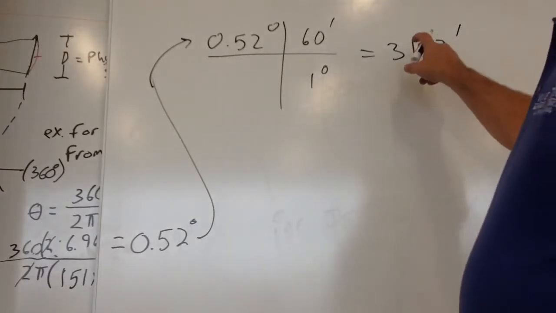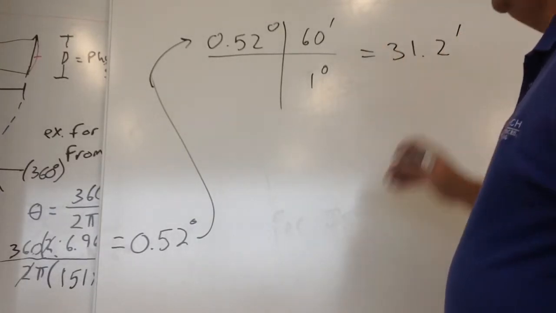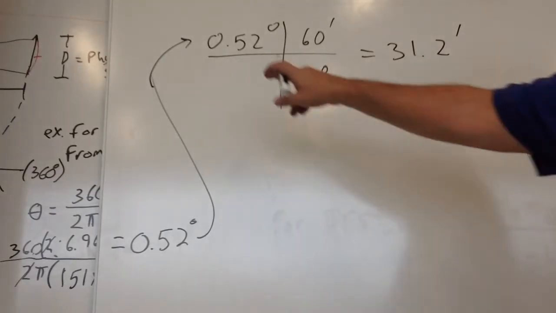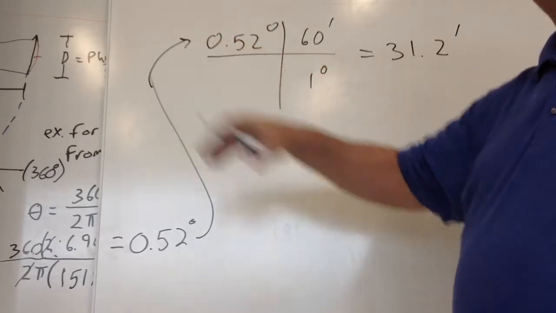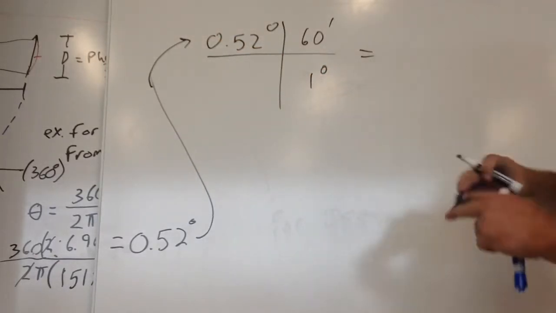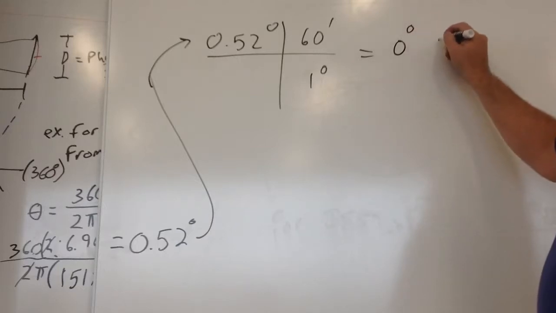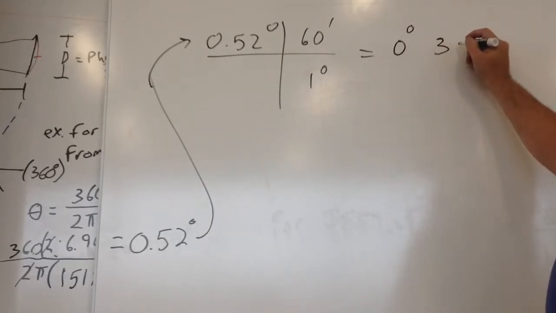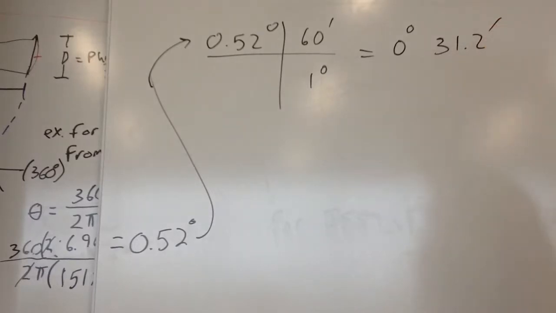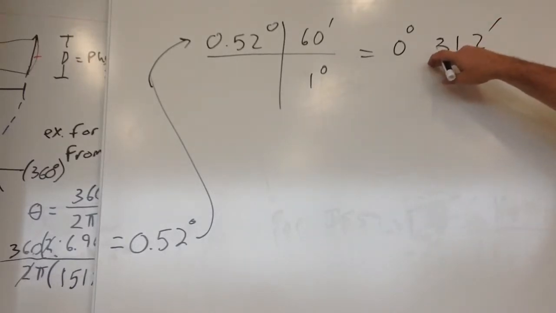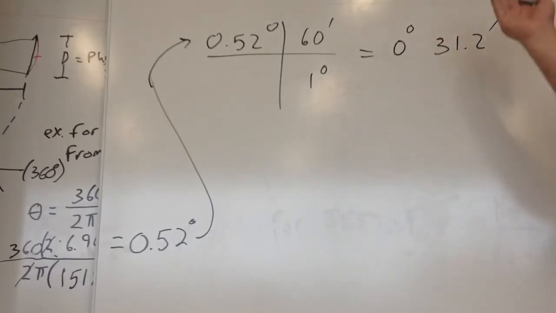For this, we keep the first significant figure here because it's 0 degrees. So we would write this as 0 degrees and 31.2 arc minutes. Now we want to keep the things to the left of the decimal point because we want to express this in terms of whole numbers until we get down to the arc seconds.